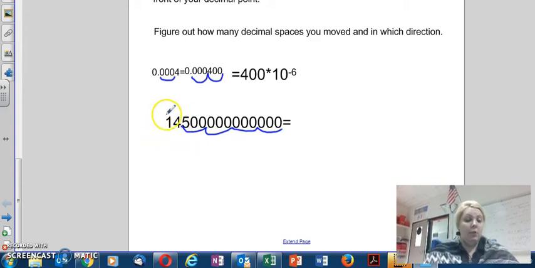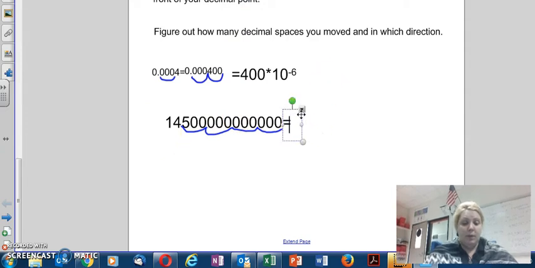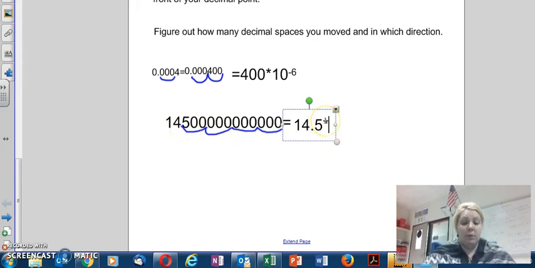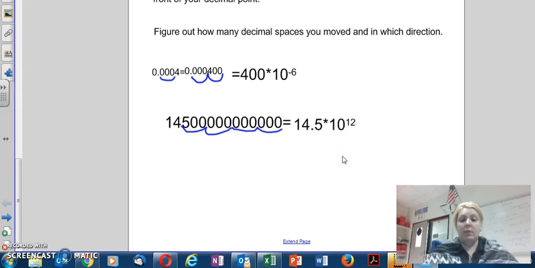Now I have only a 2-digit number in front of me, which is great because I can use that. So my answer is going to be 14.5 times 10 to the, and I went 4 times, so 3 times 4 is 12. And I went to the left, so it's a positive 12. So here's my answer. Very, very straightforward.